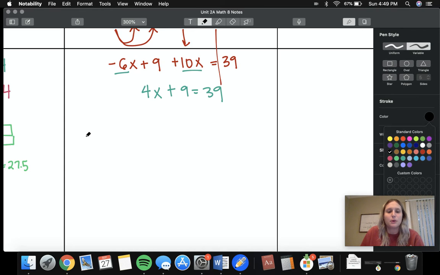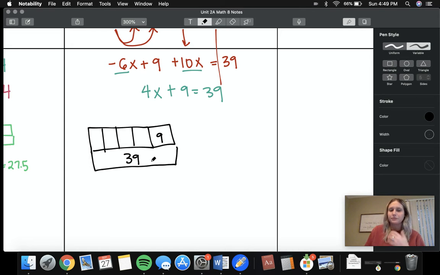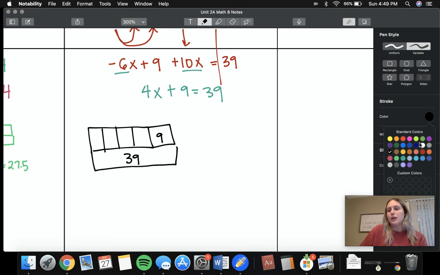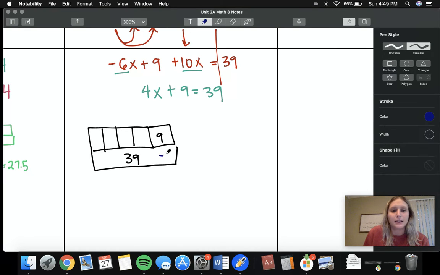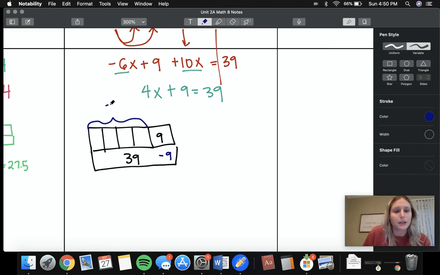If you want to draw a picture, here are 4x's, and we are adding 9 to that, and all of that equals 39. We need to figure out what these 4x's are equal to. If we take off the 9, then the 4x's would equal 30.